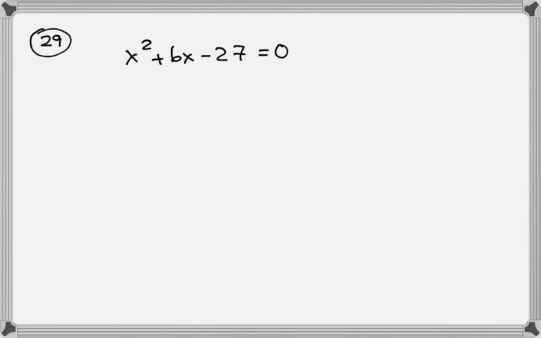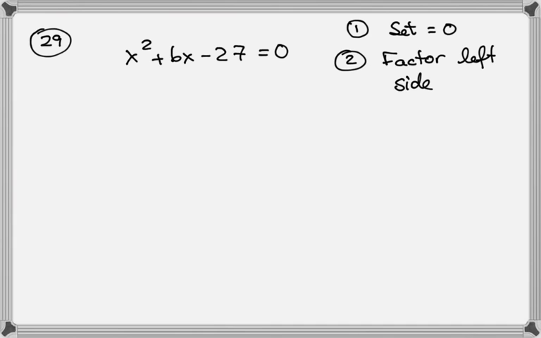Let's go through all the steps. The first step, when you're solving an equation like that, is you set it equal to 0. We can disregard the first step because it's already equal to 0. But if it wasn't the case, you need to set it equal to 0. Then the second step is to factor the left side by the methods that we have learned.